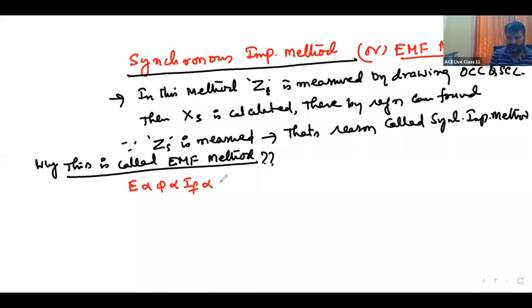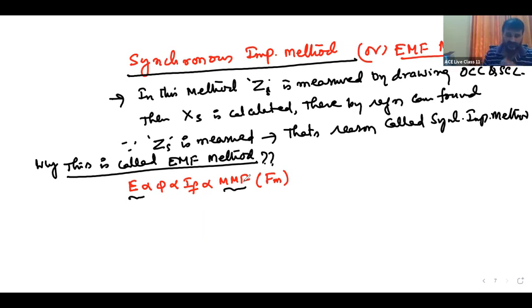Field current is proportional to MMF. So that is the MMF vector, FM. The E can be represented with an MMF vector also. Voltage can be represented with an MMF vector. They are proportional.